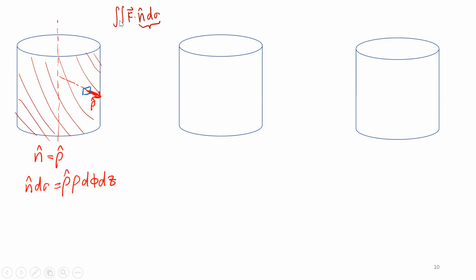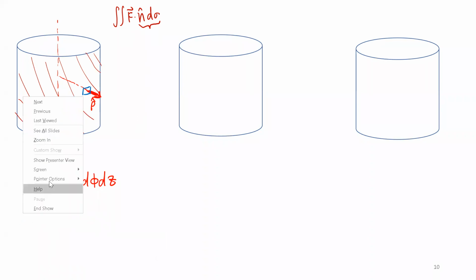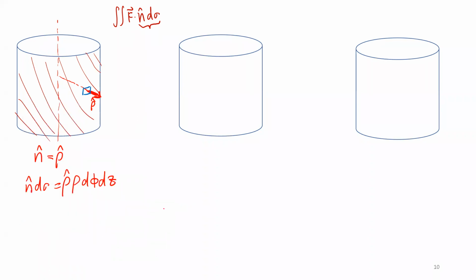So now if I go to do this flux integral, that would be the field, whatever it is, so this is a double integral over phi and z.